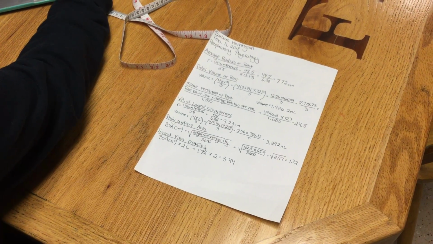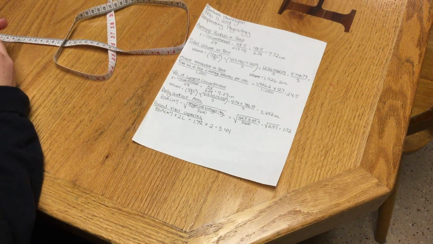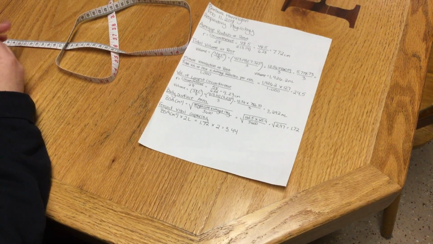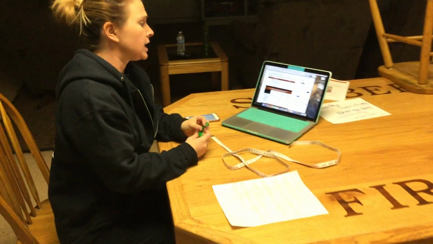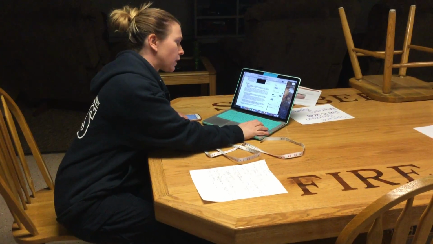Later on in the exercise, we measured my height, my weight. We got an estimate of the forced vital capacity, and also my estimated lung total volume.